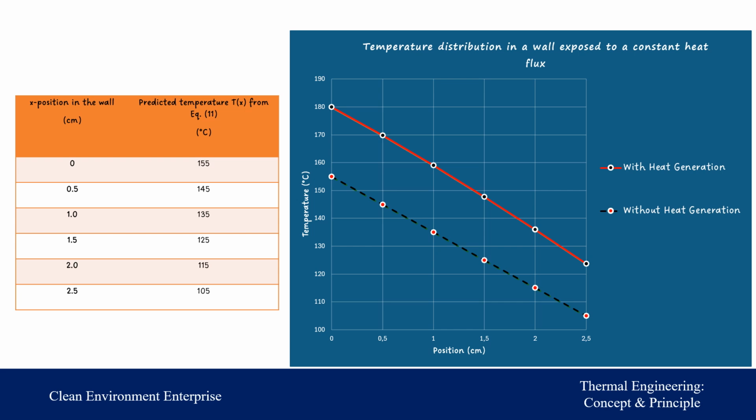So these curves are almost parallel with quite different values. I mean, for the heat generation, we will get a higher temperature level than for the case where there is no heat generation.